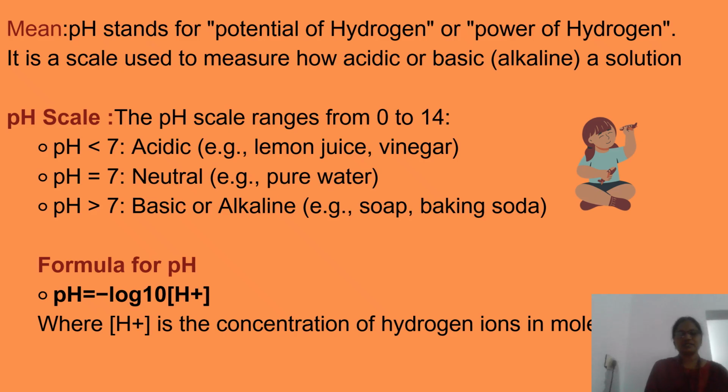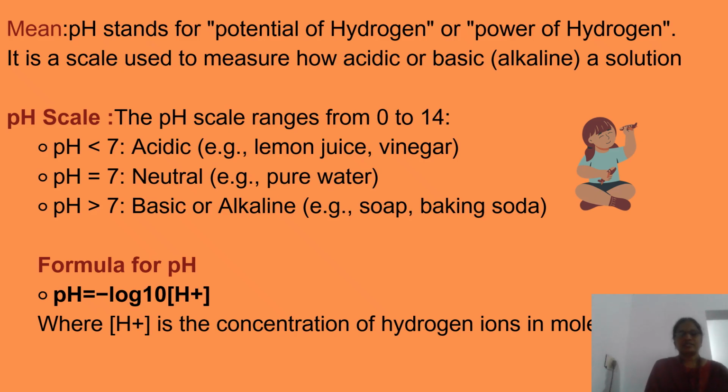These are examples of stronger acids. Glacial acetic acid and phosphoric acid are weaker acids.